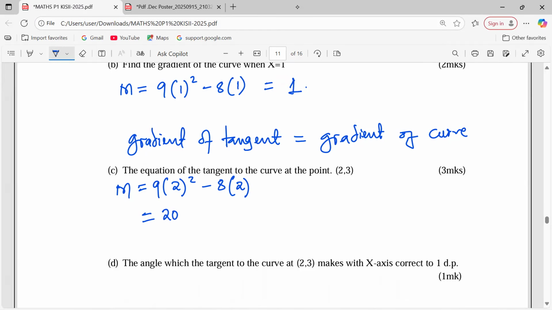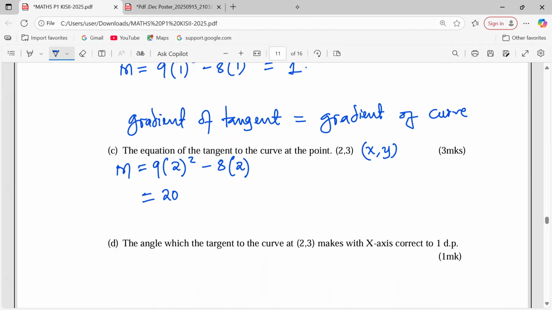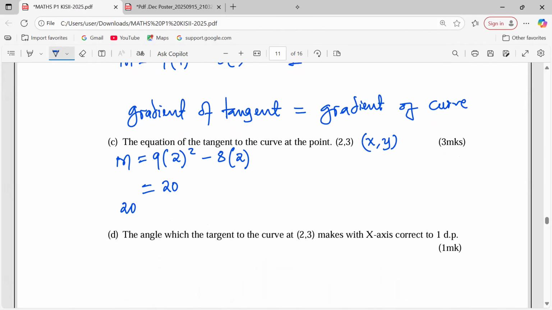So the gradient is 20. We shall express this using the coordinate, and another coordinate let it be (x, y). So we say 20 as the gradient is given by change in y, y minus 3, over change in x, x minus 2.